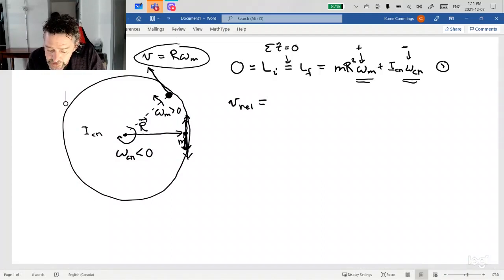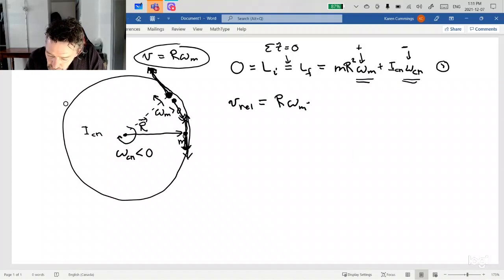So the relative velocity is the velocity of this person relative to the ground, so that's just v, which is r omega m. That's this velocity minus how fast the ground is moving behind him. And so that's the velocity of a point on the disk. How fast is a point on the disk moving backwards like that?